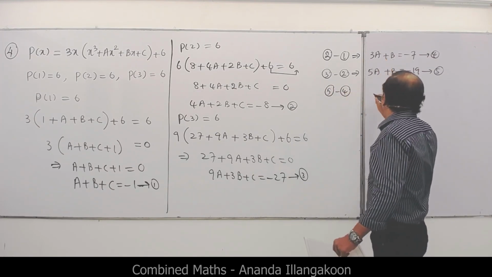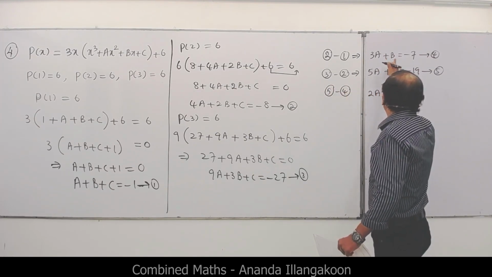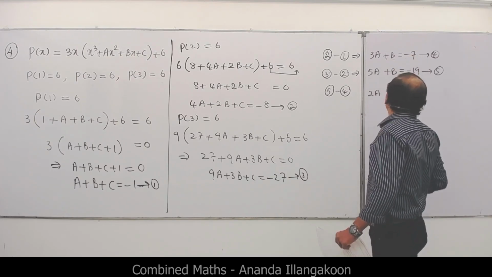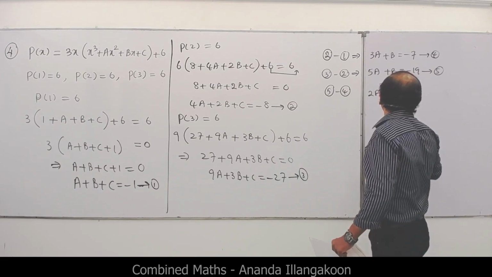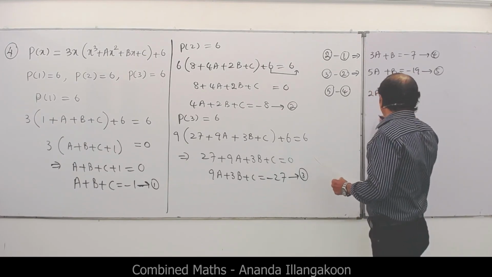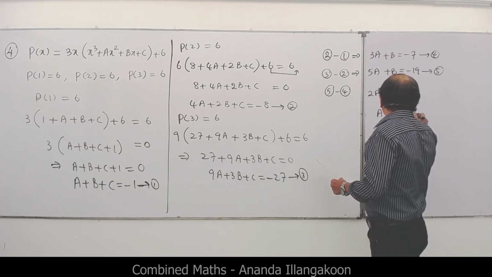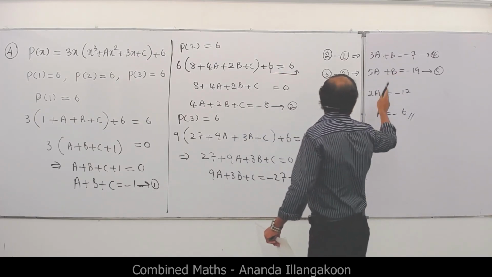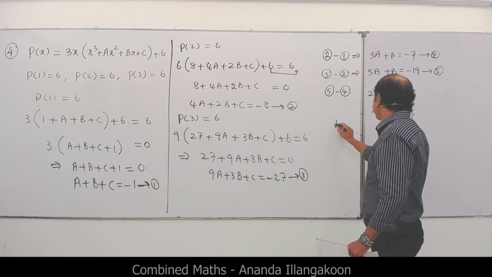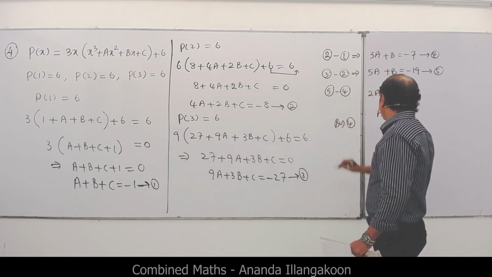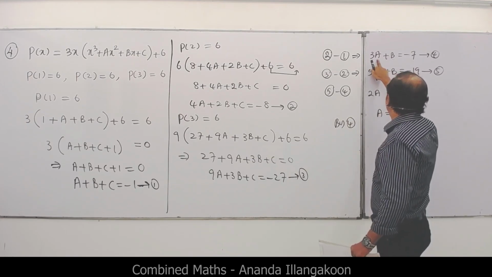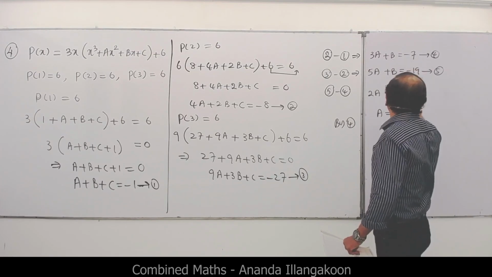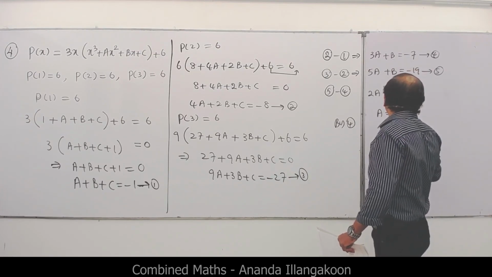Now you can take 5 minus 4. 5A minus 3A, 2A. B and B we can cancel. Minus 19 minus minus 7, then we get minus 12. Then A is minus 6. Put A equals minus 6 in number 4. 3 times minus 6 gives minus 18. Take this to the right hand side, plus 18. 18 minus 7 means 11. B is 11.